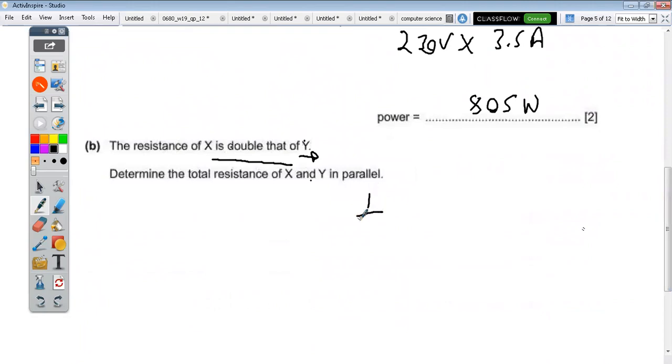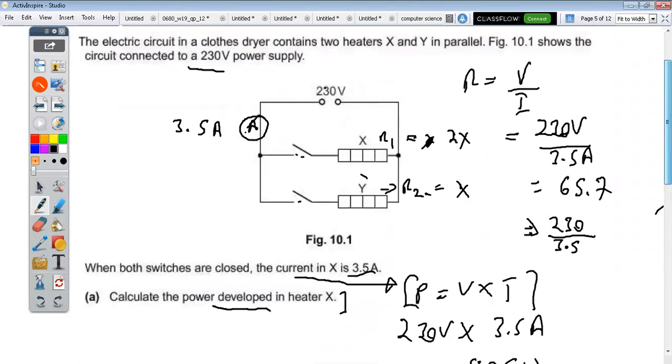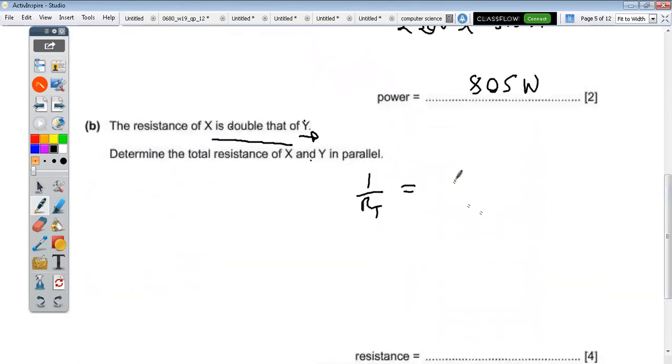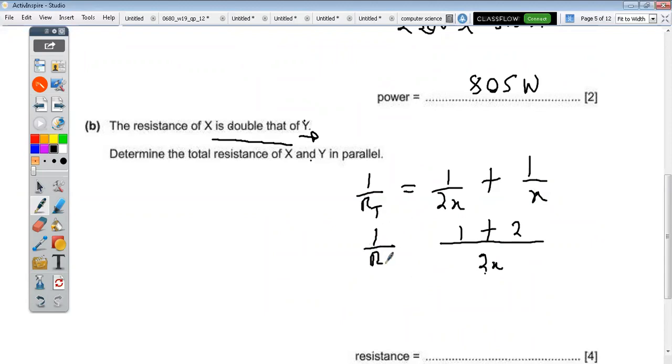I say 1 over RT is equal to 1 over the resistance of X, which we agreed we are going to call 2X, plus 1 over X, because Y is half that of X. So let's do it mathematically, 2X is the common denominator. 1 plus 2 is equal to 1 over RT.